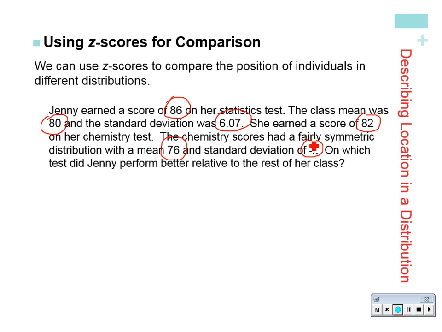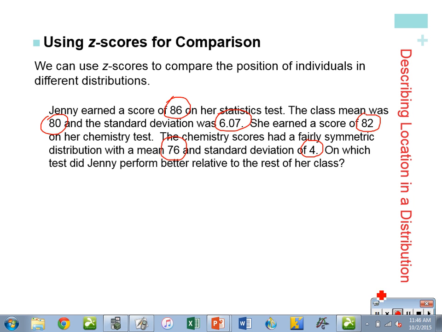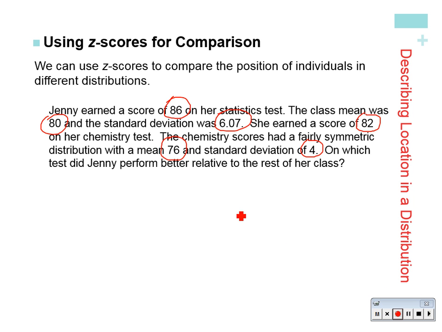On which test did she perform better in comparison to the rest of her class? I want to compute a z-score for both tests and see which score was better in comparison to the rest of the students in her class.